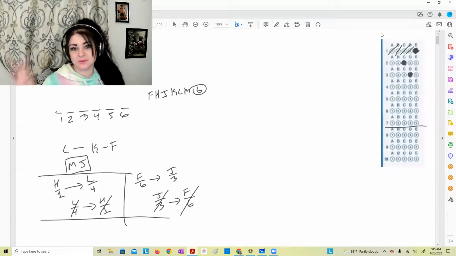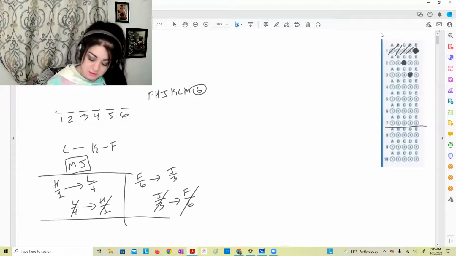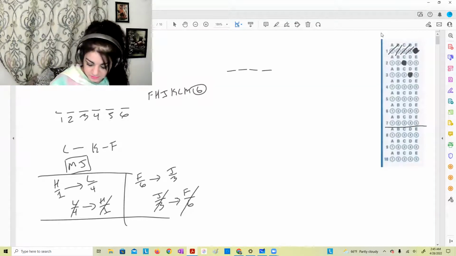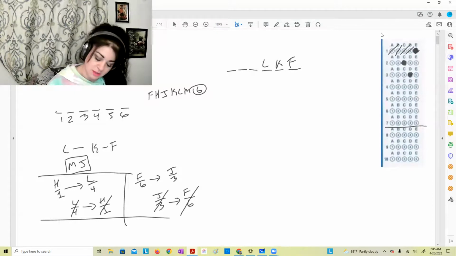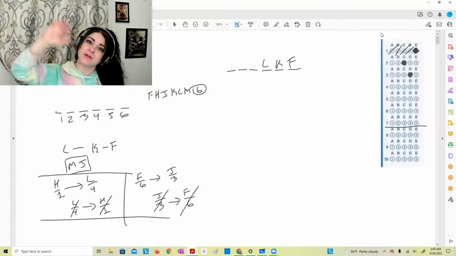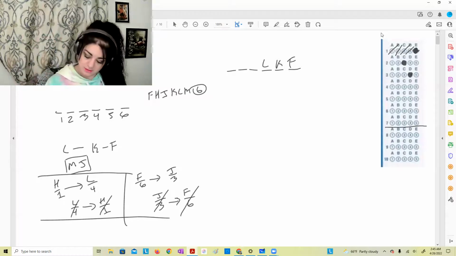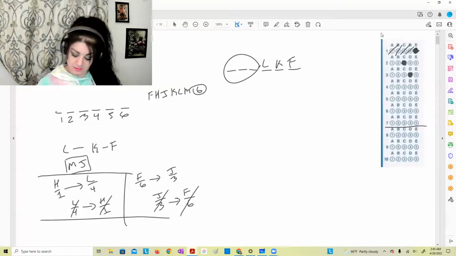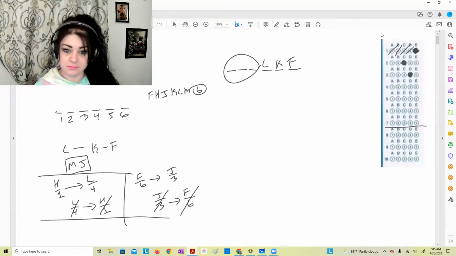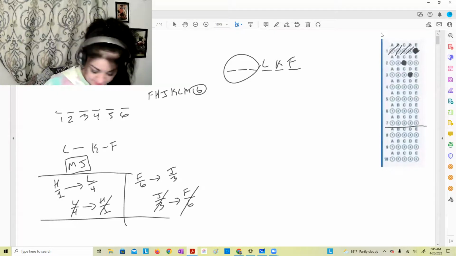L definitely needs to have 2 things behind it, right? I think it's just this simple. If we were to push the LKF string all the way to the right, we would have 3 spaces in front of it, and I think that is the maximum.